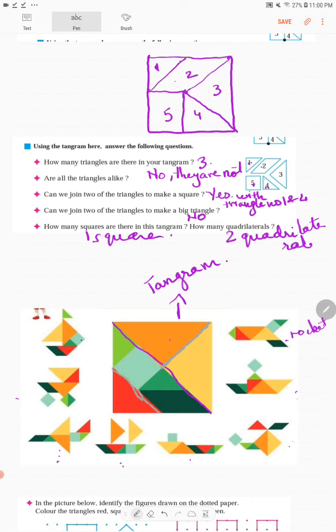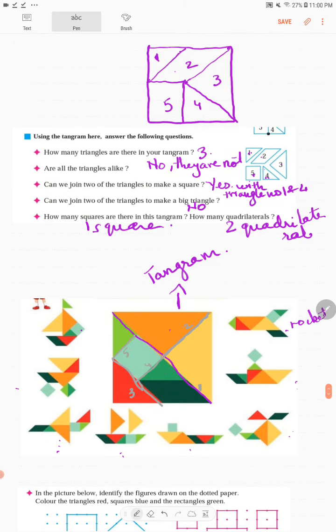Extend this line here, then just opposite to it, make line 5, and then make line 6. So you will get these different shapes. Color them, cut all these pieces, and you can make so many shapes from here.